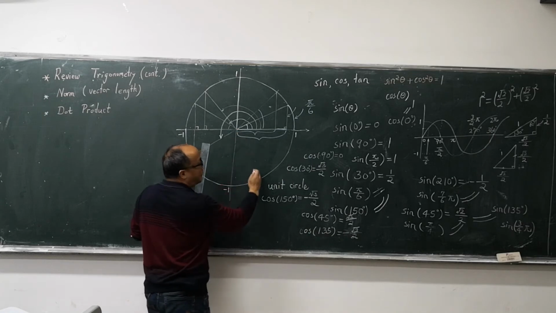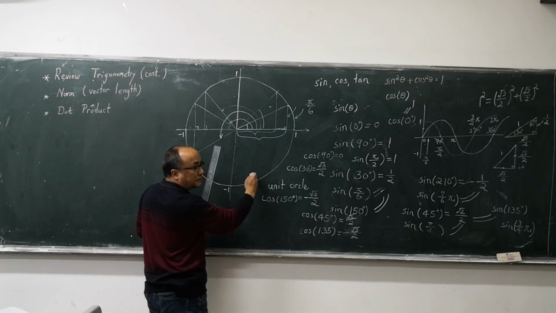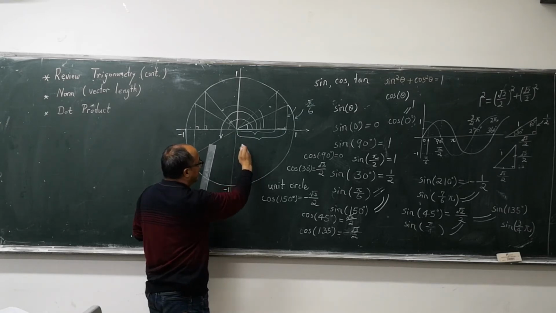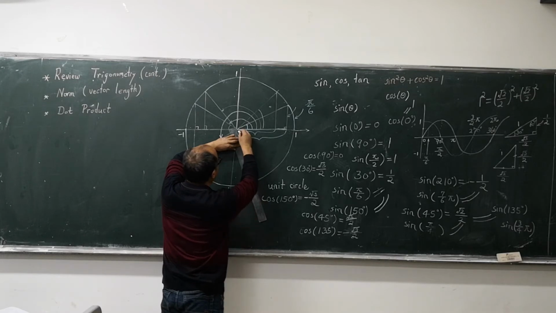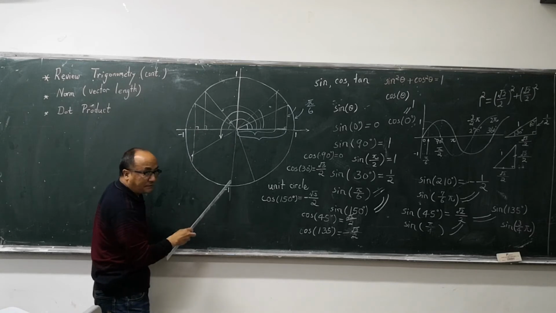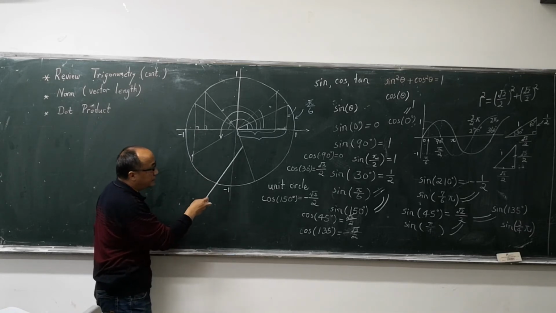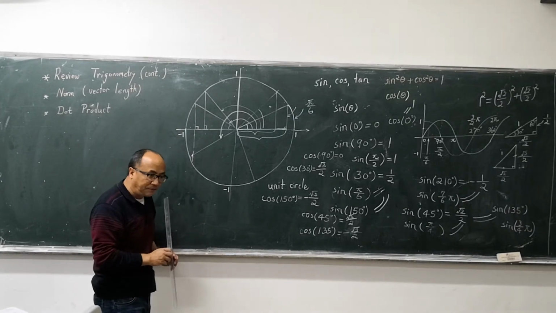Now, if I put it over here, is the cosine positive or negative? It should be positive. If it's 300 degrees, positive. 270 degrees is over here, and 30 degrees more is 300 degrees. Is the cosine of 300 degrees positive or negative?